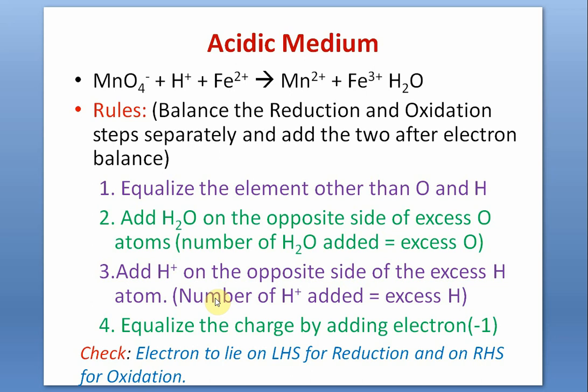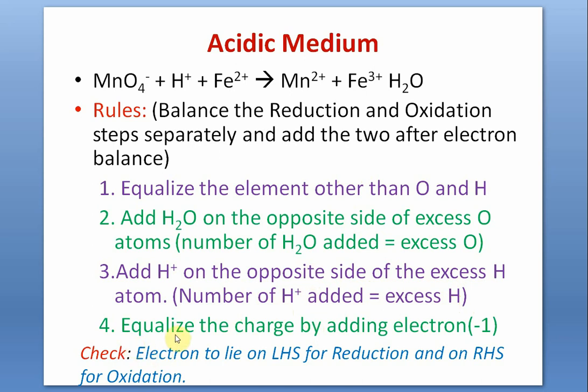Add hydrogen ions on the opposite side of the excess hydrogen atoms. The number of hydrogen ions added is equal to the excess hydrogen atoms. Always count the excess number of oxygen or hydrogen on some side, and add water and H plus ion on the opposite side.